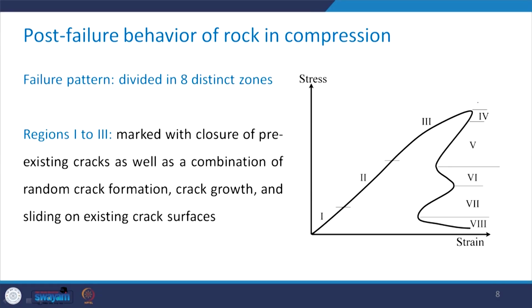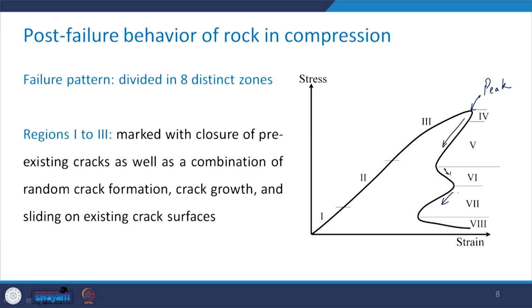So let us see how this post peak and pre peak stress strain response looks like. As I just now mentioned, say this is here, the peak is reached. So immediately after the peak there is a sudden reduction, and that is followed by gentle slopes along this and here.